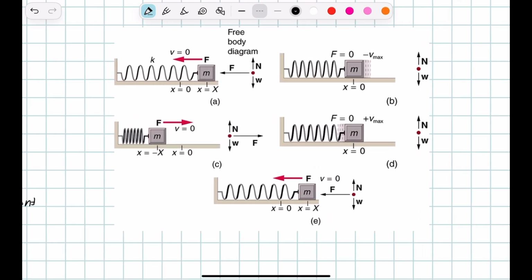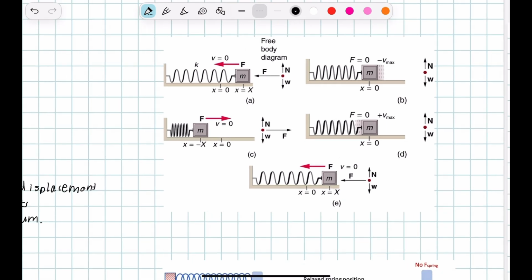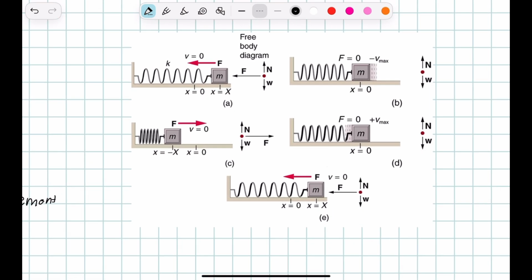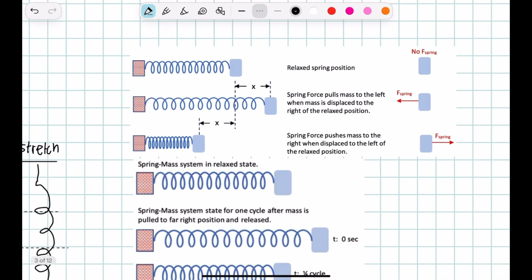Here we can also see some free body diagrams of what a spring looks like when it's compressed at different lengths. And here we can see that in a relaxed position, there's no force acting on the mass. But when the spring force pulls the mass to the left and the mass is displaced to the right of the relaxation, there's a force on the spring.